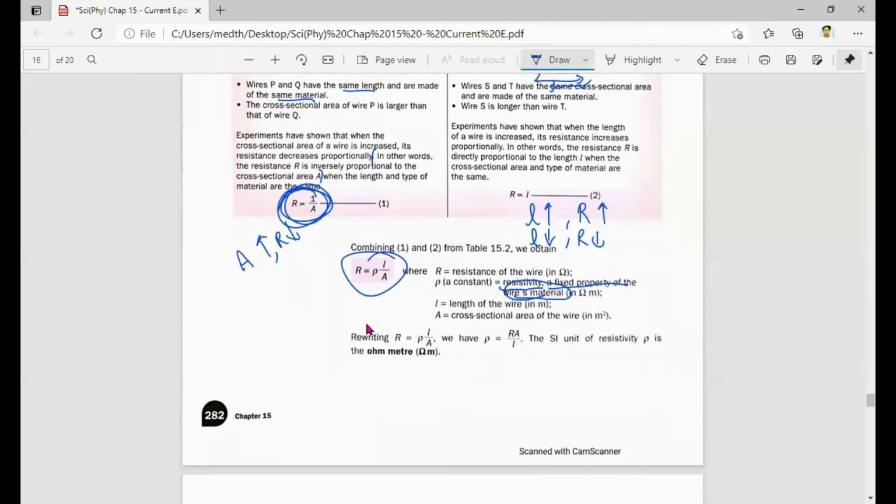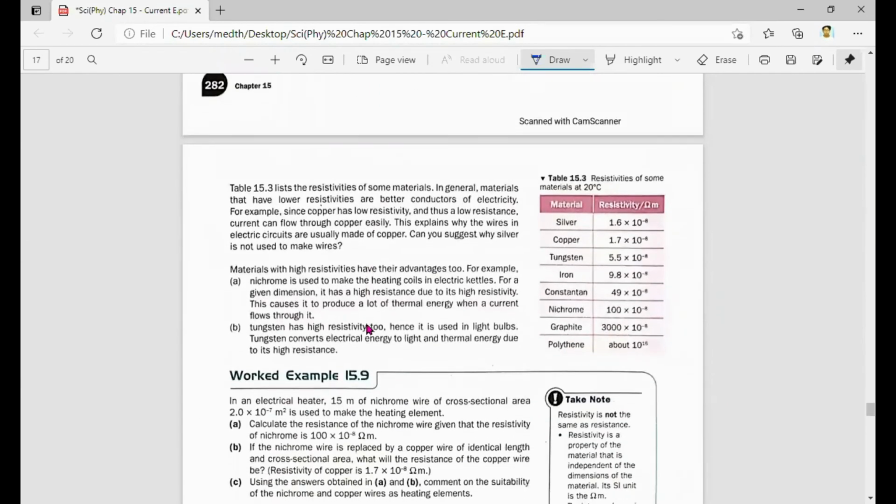So what exactly is resistivity? Let's go into it.